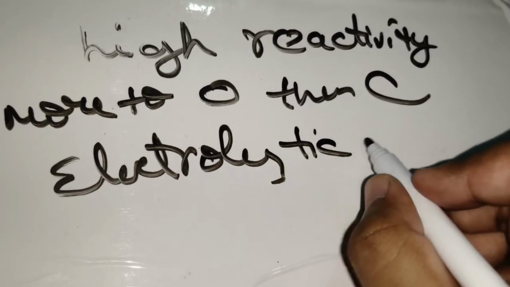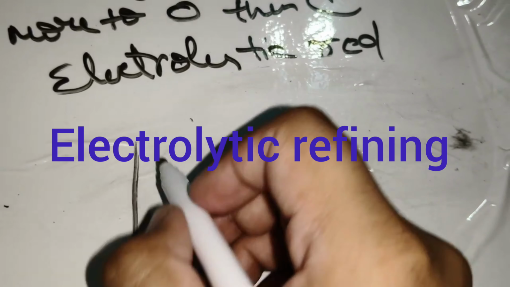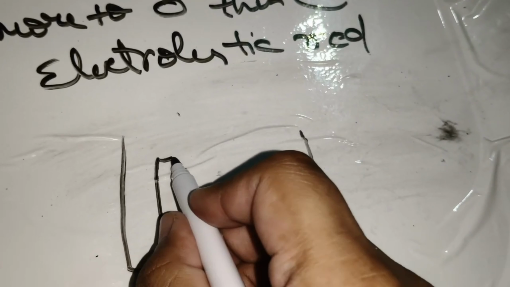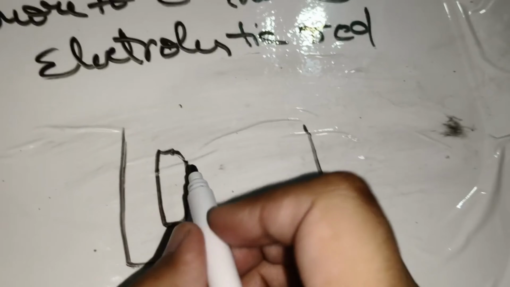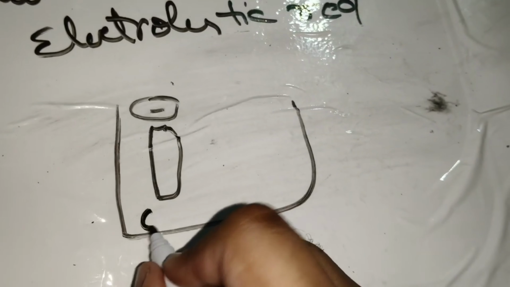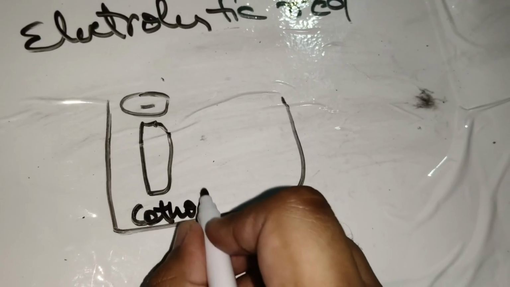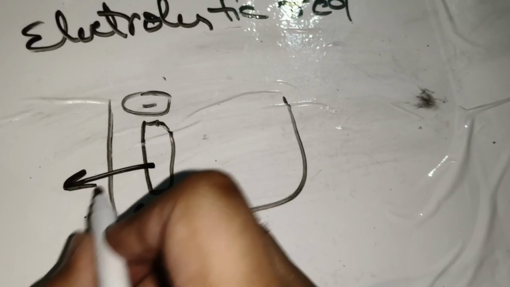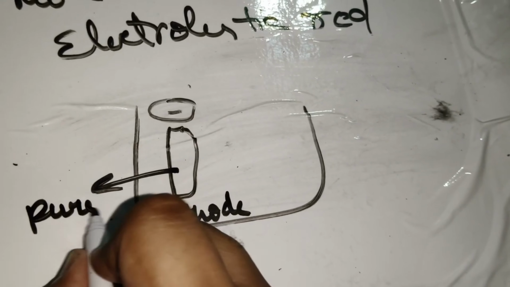What is electrolytic reduction? Here we draw, first of all, the cathode, or we can say the negative end. Here we make the pure element.